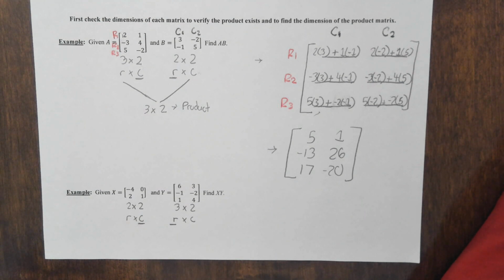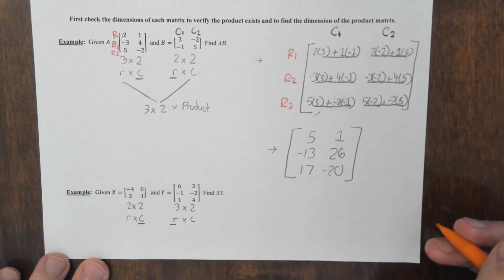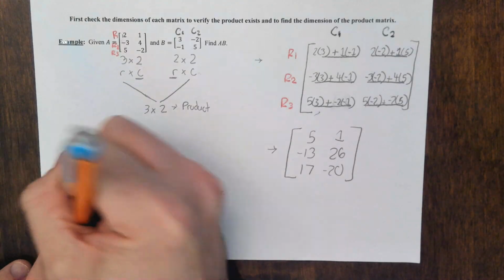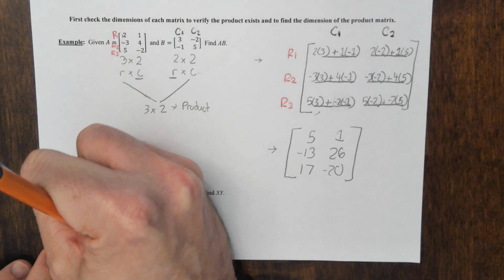So what do you notice there? They don't match. You have 2 columns in the first matrix. You have 3 rows in the second. So since they are not the same, this is no solution.